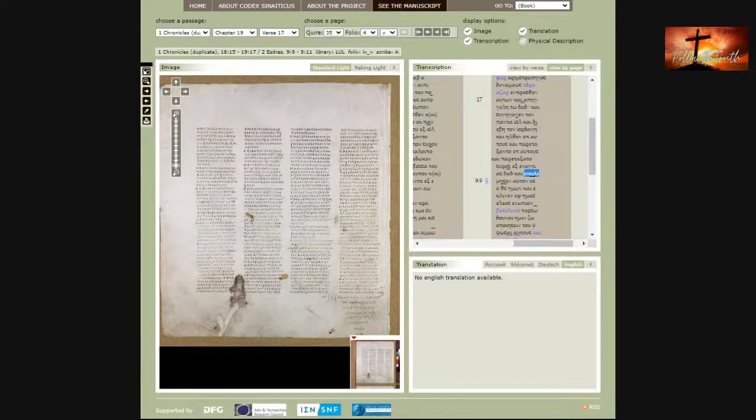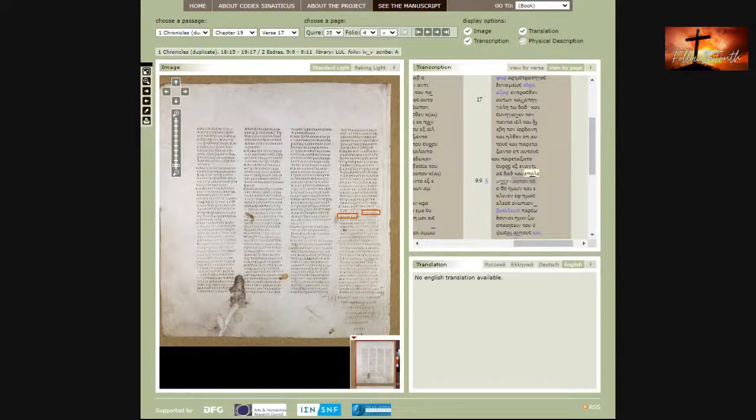This finishes where he's finished on verse 17, which is midway through, and then midway through verse 9. It's not even the beginning of verse 9.